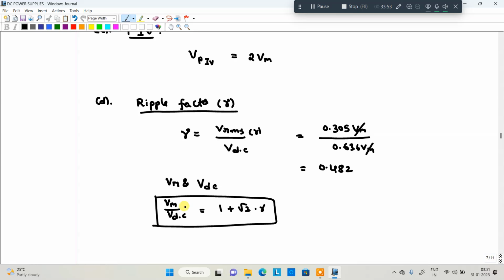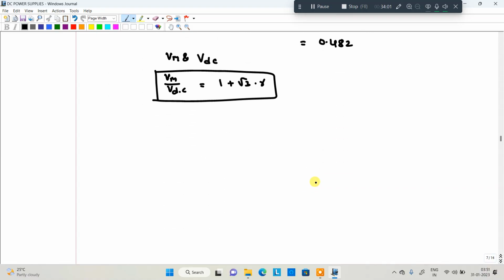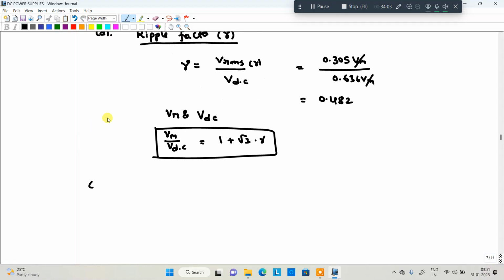Next we are moving further. That is the efficiency at the last. So already mentioned, efficiency is nothing but output divided by input.